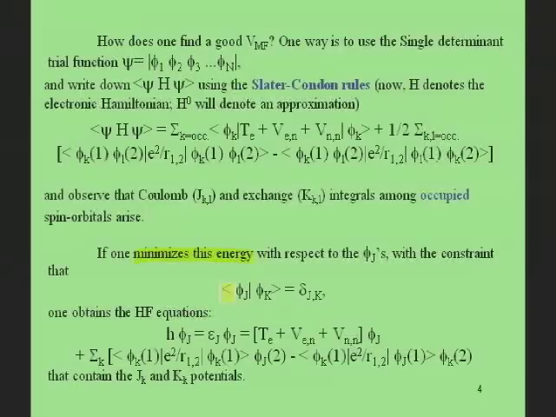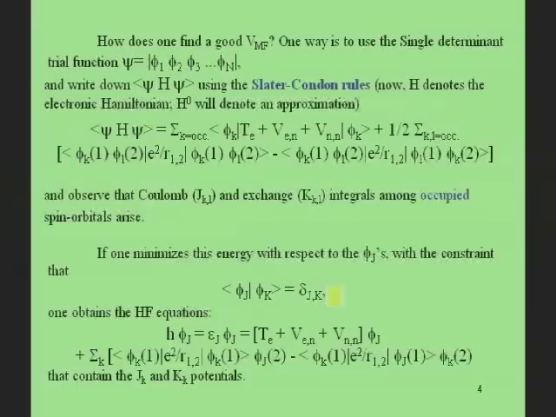Now there are some constraints we have to place on these orbitals because we want these orbitals to be orthonormal. So we put constraints on the minimization process where the integral of phi j, phi k against one another is equal to 1 if they are the same, it just means normalized, and if phi k is not equal to phi j, then we say 0. So that's our way of saying that we want those orbitals to be orthonormal.